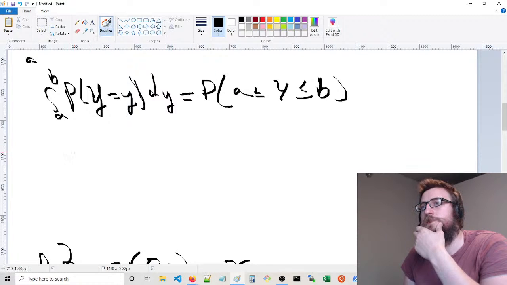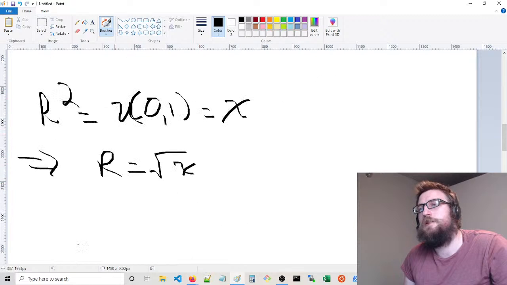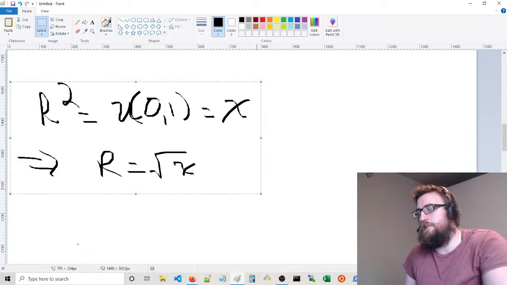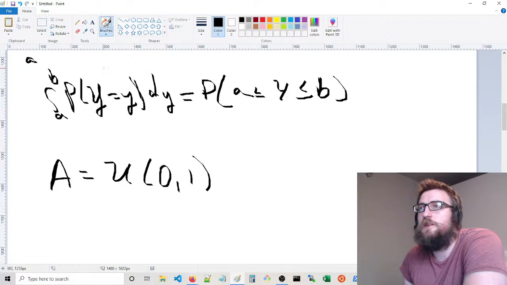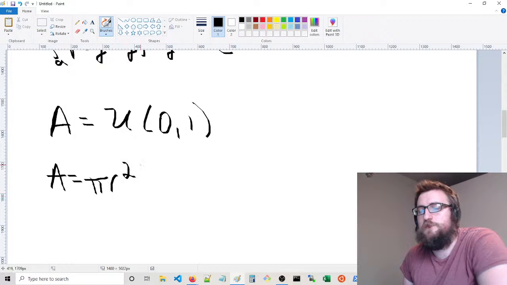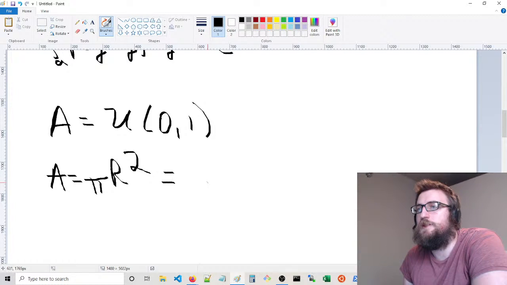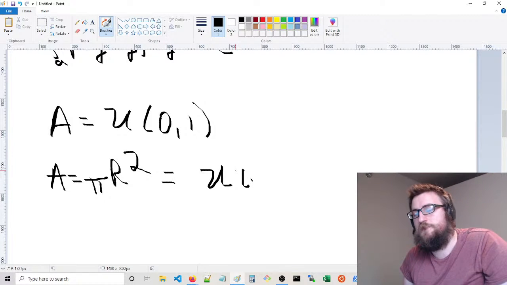So if A is a uniform distribution, and A is pi r squared, which means that that's a uniform distribution.